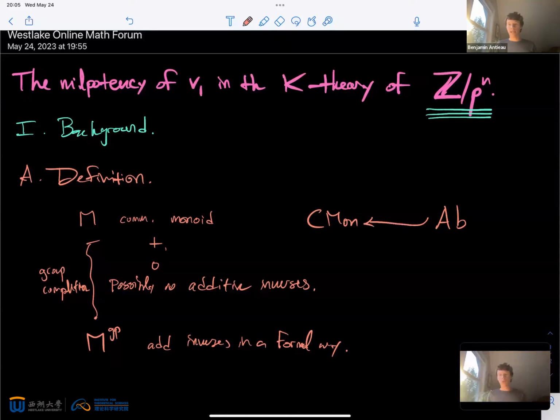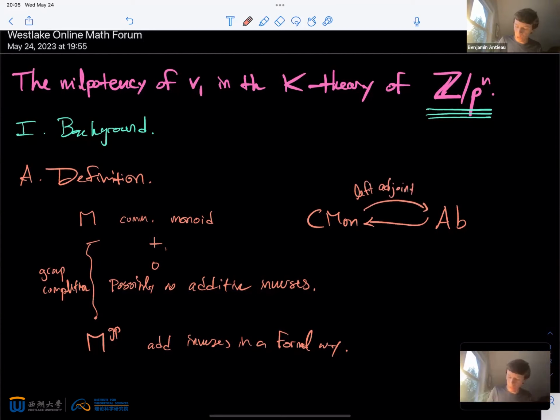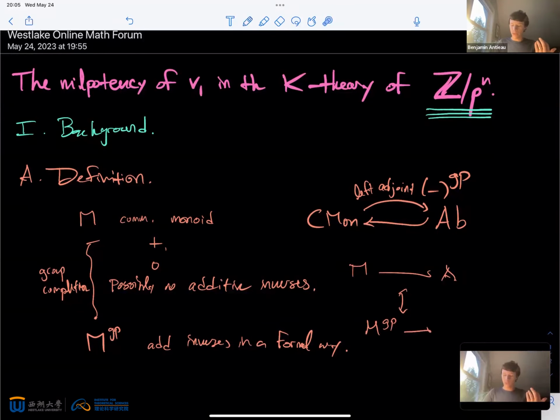I can forget that an abelian group has inverses and just view it as a commutative monoid. This forgetful functor has a left adjoint, which is group completion. In particular, that means M group has a universal property: to give a map from M to an abelian group A is the same as to give a map from the group completion. So to give a map of commutative monoids is the same as to give a map of abelian groups. That's what it means to be adjoint, so this is a totally universal construction.